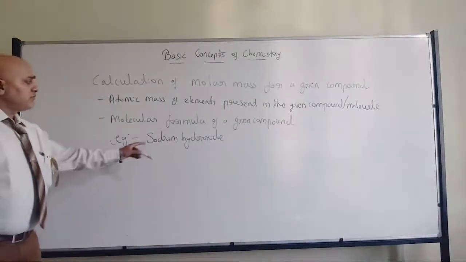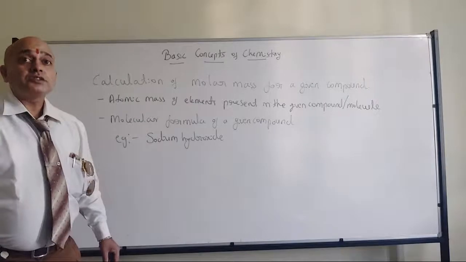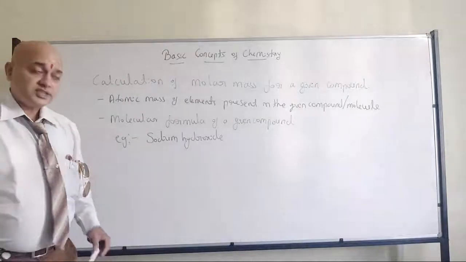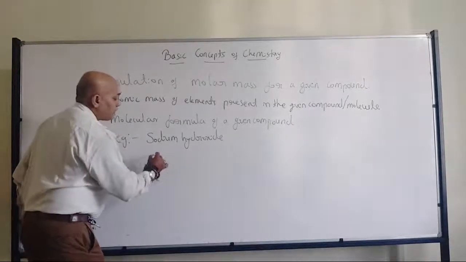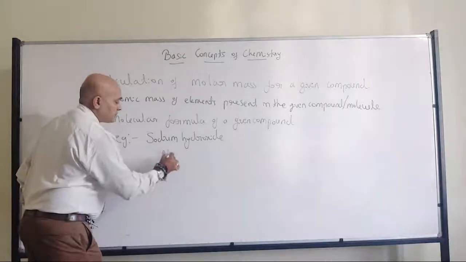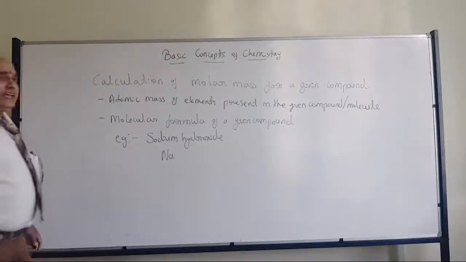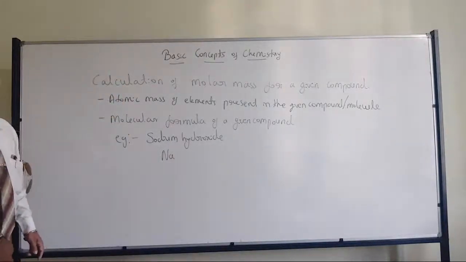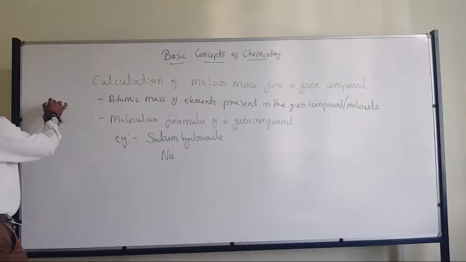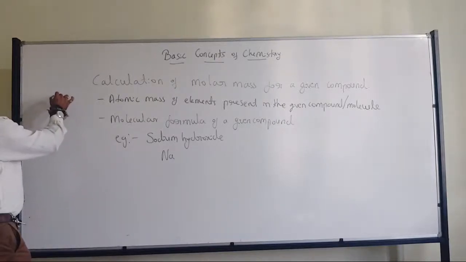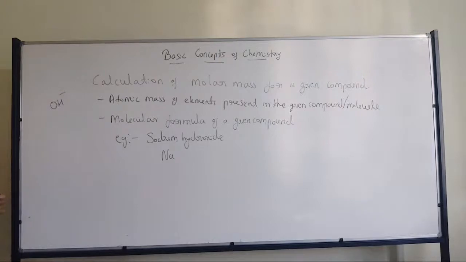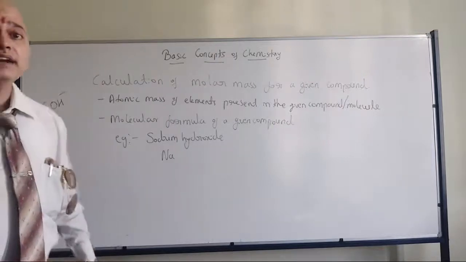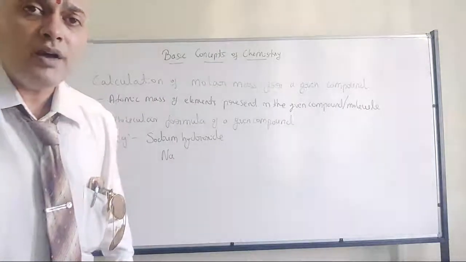So in terms of words they have given, not the formula. So first we should write the formula. Sodium symbol is Na. Then hydroxide is nothing but OH minus, the hydroxide ion. Got my point?